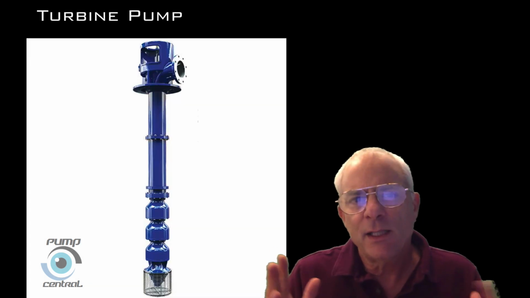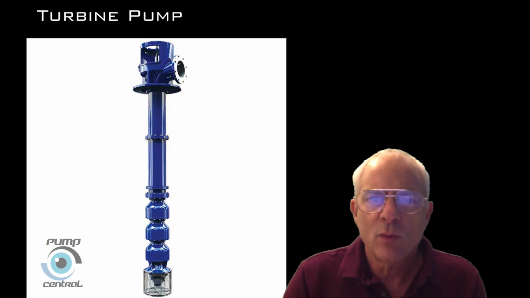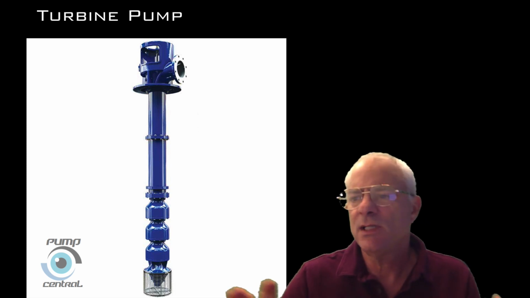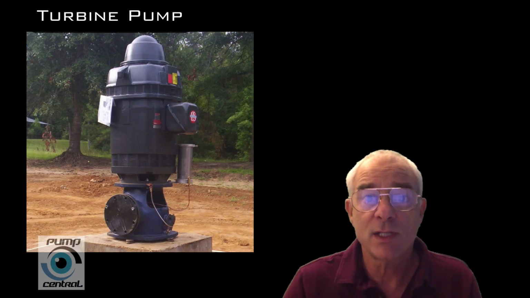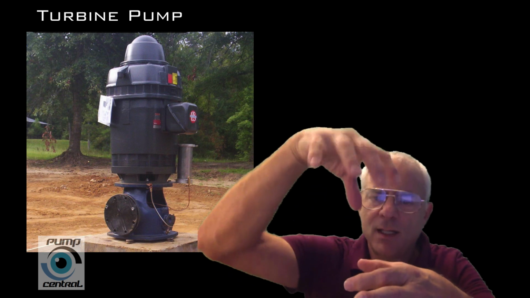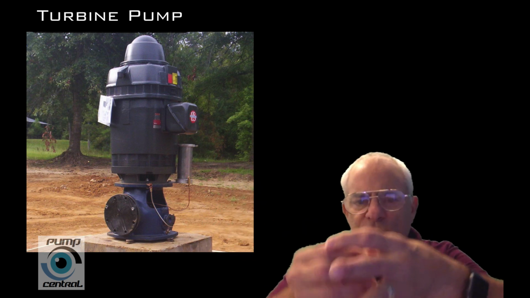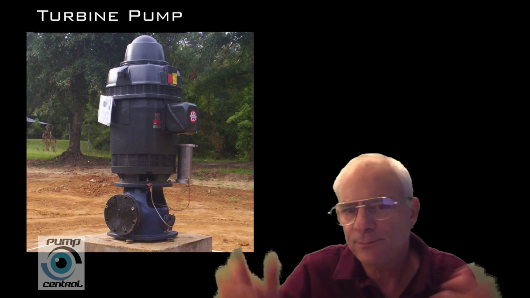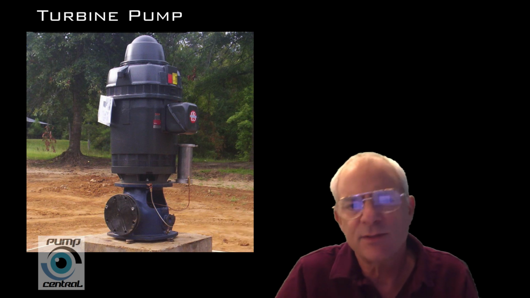And then finally, another major category would be turbine pumps. Turbine pumps you will see in agricultural fields all the time. You see a motor that's sitting vertically, and beneath that you have a long shaft that goes down maybe hundreds and hundreds of feet.